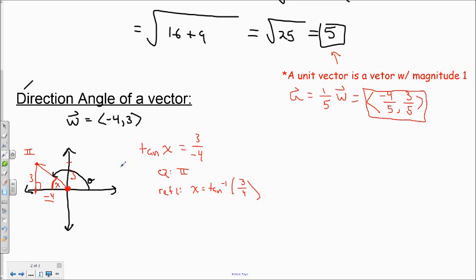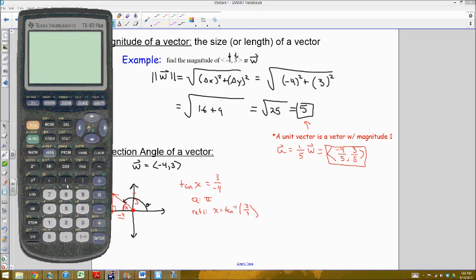To determine what that value is, I'm going to use my calculator. So with my calculator, I'm going to type in tan inverse of 3/4, and I have my angle, 36.869 degrees, which I'm going to round to 36.9.